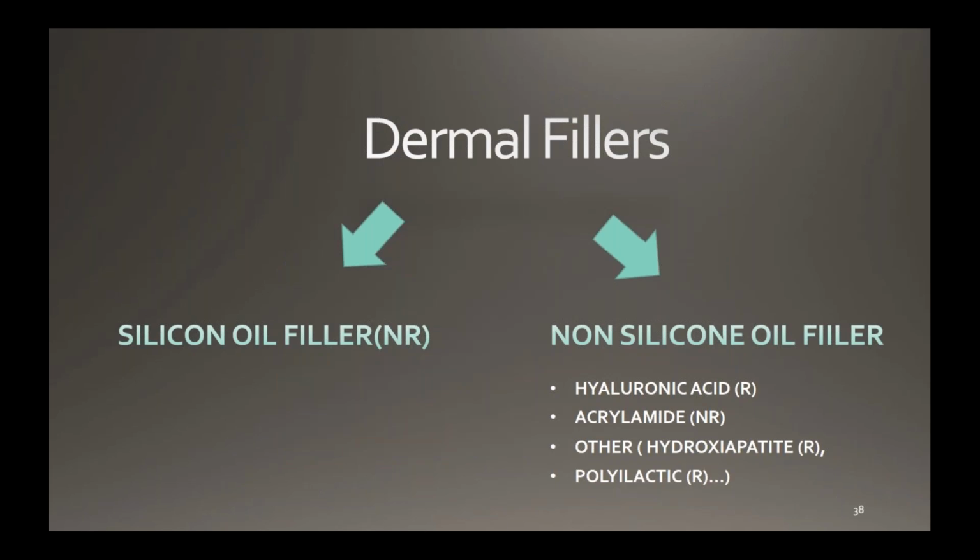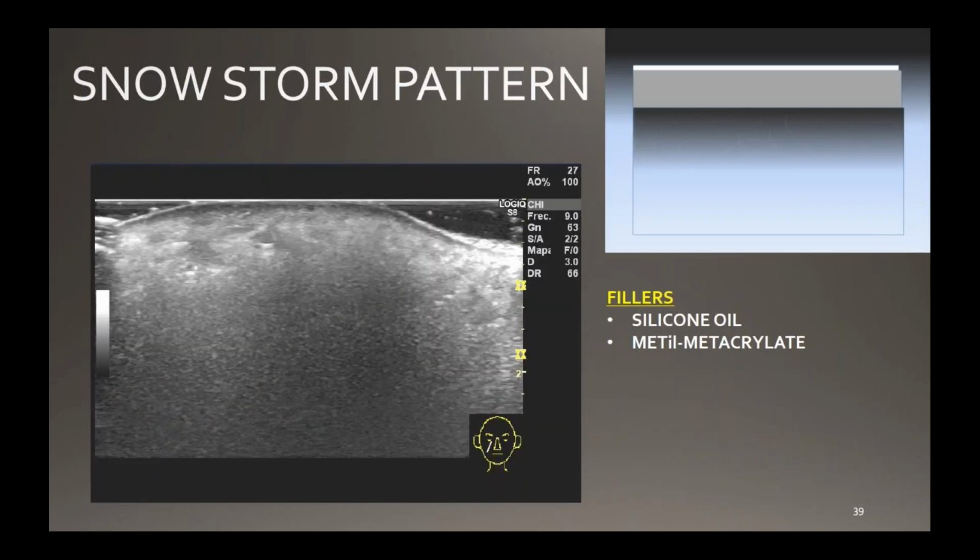Remember that there are two main kinds of fillers: the silicone oil filler, non-resorbable, and the non-silicone. Among the non-silicone fillers, which are more numerous, there is hyaluronic acid, polyacrylamide, and others such as polylactic acid, hydroxyapatite, and so on. You have to identify this snowstorm pattern because it's quite frequent.